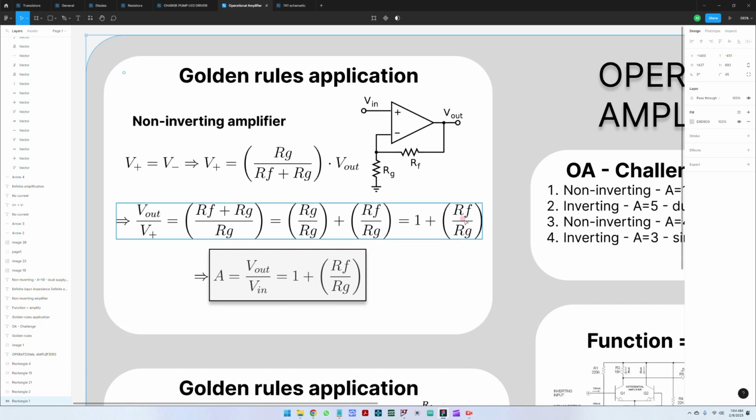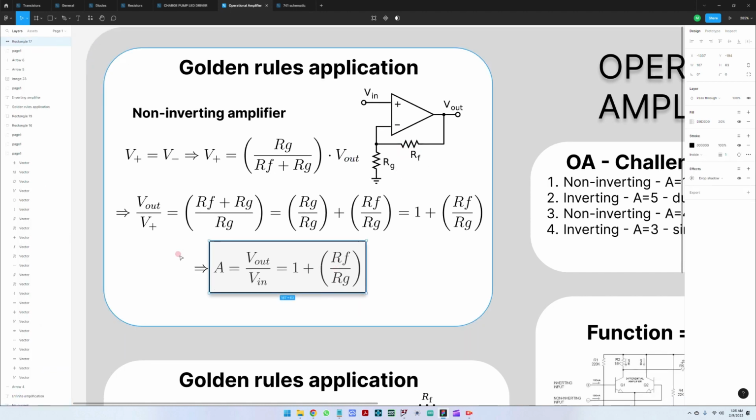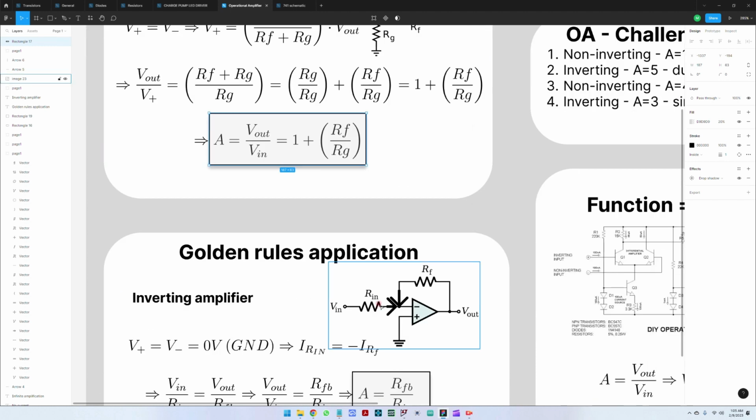So it's clear that Rf divided by Rg has to be equal to 6. Okay, so we can take, for example, Rg fixed at 10 kilo ohms and Rf will be 6 times bigger. So it would be 60 kilo ohms here. Just to make things simpler, I have highlighted here what is the amplification value for this circuit.